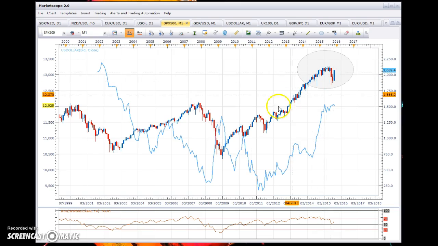But on a monthly chart, you can see how long it takes for a run that goes on for years to turn. It takes 6, 7, 8 months, even a year. So we have been at these levels 1, 2, 3, 4, 5, 6, 7 months, 8, 9 months. Okay, so let's say 9 months.